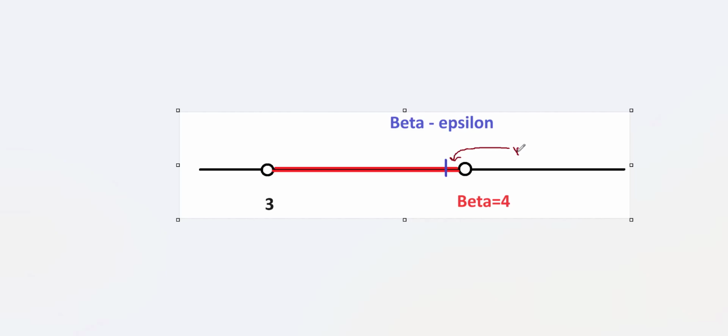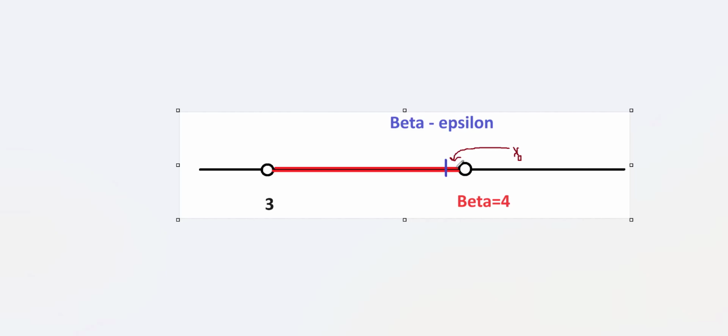I don't care what you call it. They called it x naught, so I'll try to draw that in here. There's always some element of your set. And so this idea is that epsilon could be really, really small. You could make this little backed up vertical line very, very close to beta, but there's always going to be something in your set S.